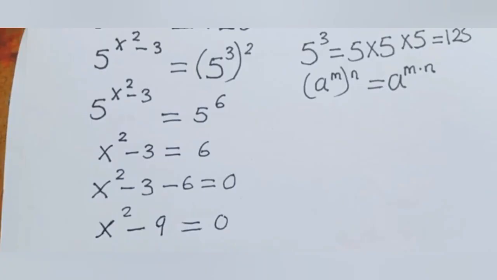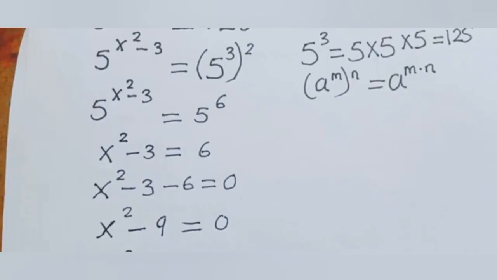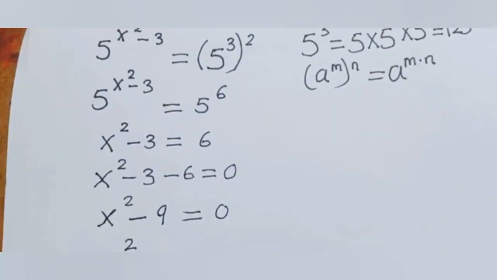This exponential equation can be written as x squared minus 9, which is the same as writing x squared minus 3 squared equals 0.